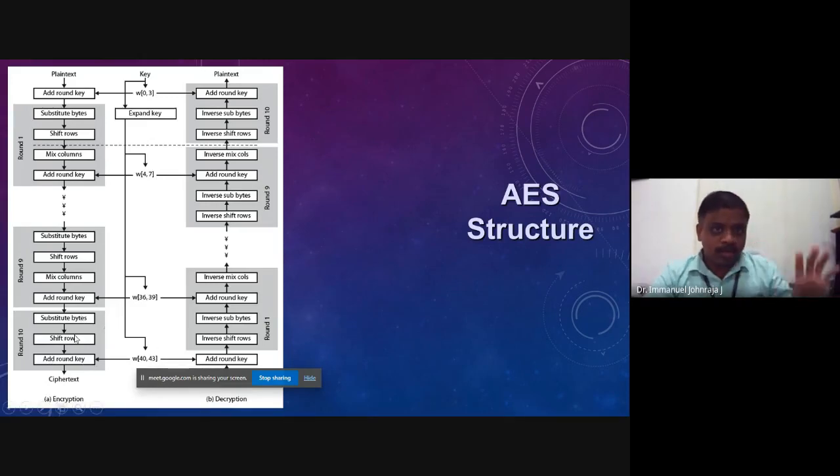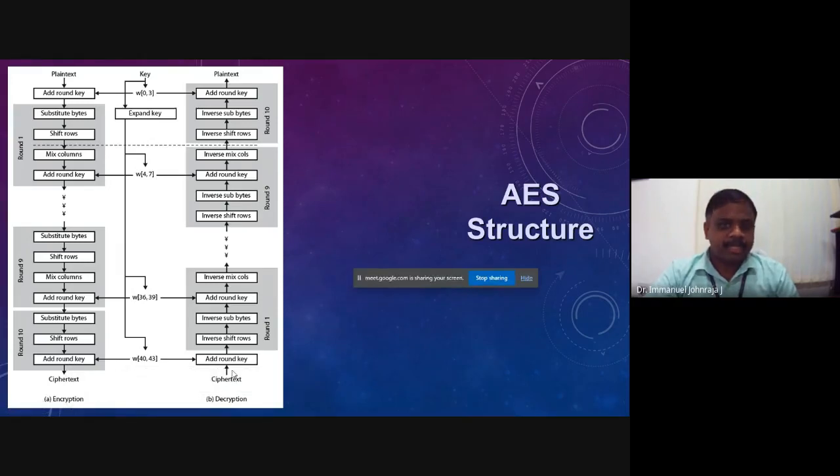So this is the overall structure of your AES encryption. And parallelly, your decryption also happens. The output is the ciphertext. The ciphertext is fed, add round key, but which key is added? The last key which was supplied, which means the keys are supplied in reverse order. So add round key, then round one.